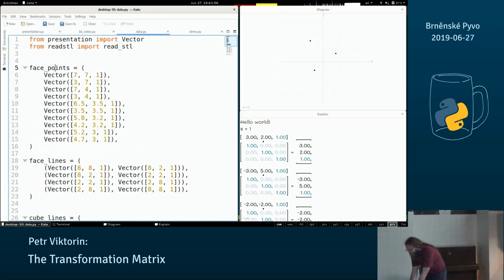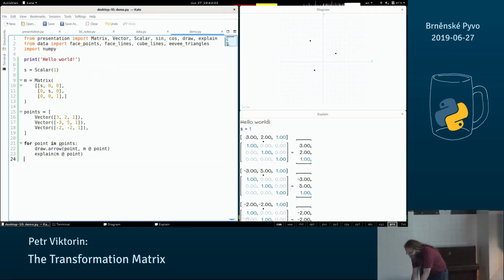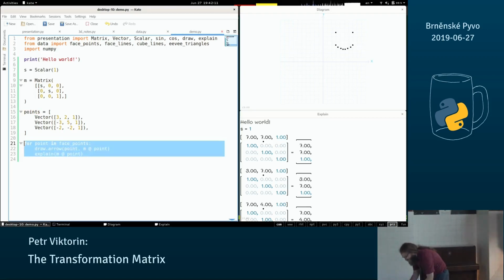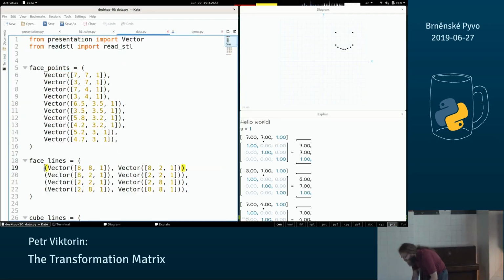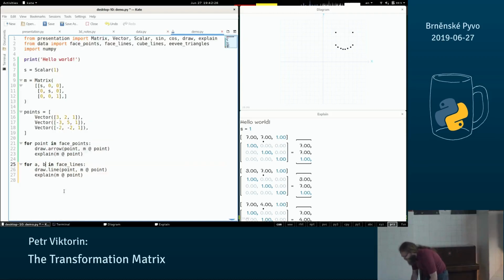So what I've done, I've prepared some data. I have these face points, which is just a bunch of vectors, and I can use them here. Okay. And I also have face lines, which is tuples of 2 vectors, right? So I will draw a line between each one.